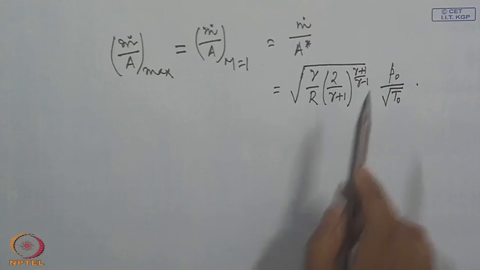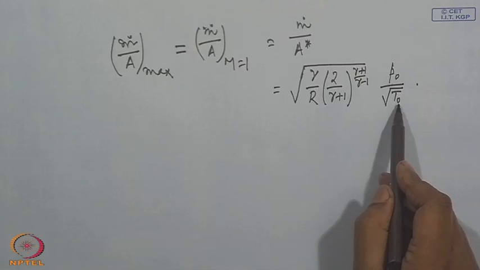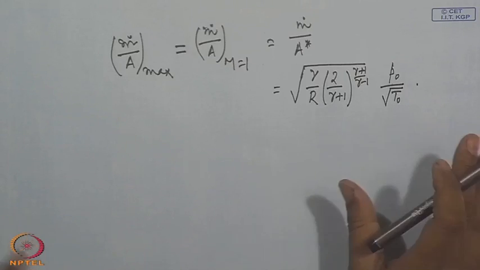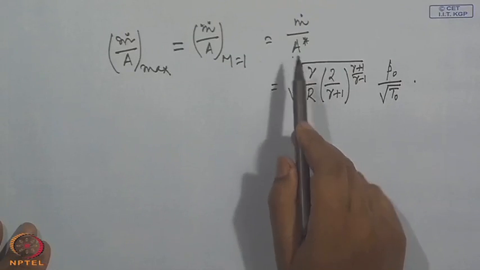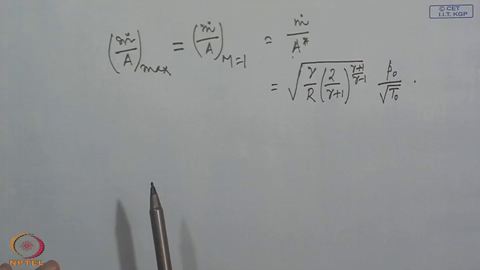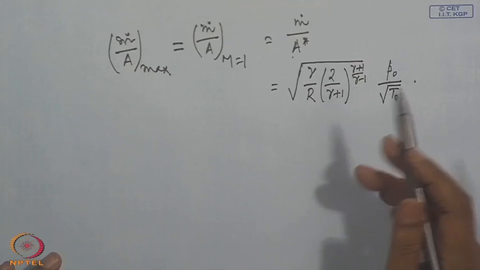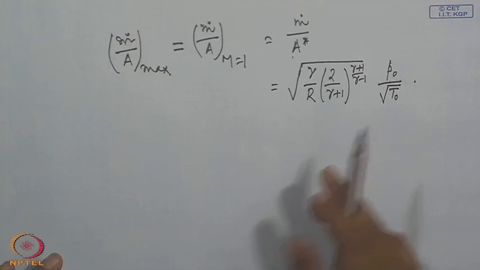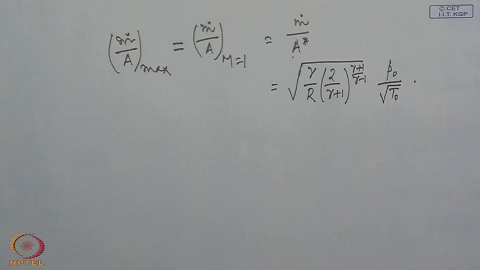That is, if we have fixed values of P 0 and root T 0 and the passage geometry is also fixed, then if the gas has a higher molecular weight, its mass flow rate will also be higher.